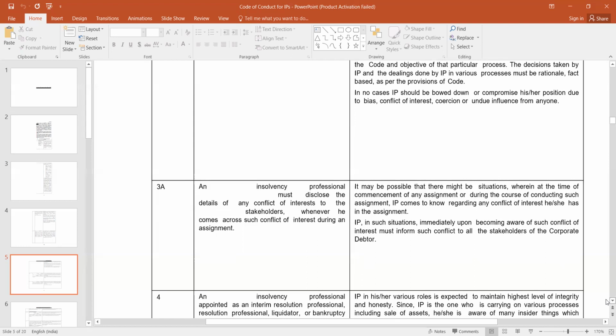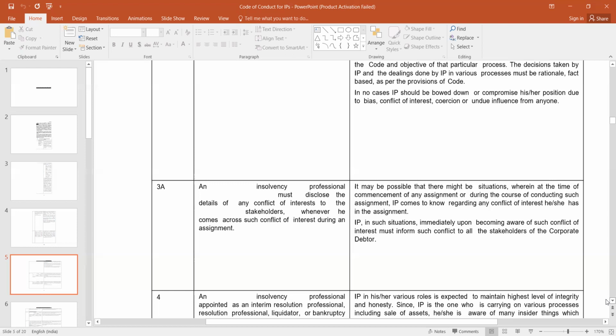Okay. What sort of conflict could be there? You are an unmarried person. Now, after some time, during the process itself, you get married. You could get married to anyone. So you get married to the daughter of a director of the CD. It could be possible. So in this case, there is a conflict of interest.